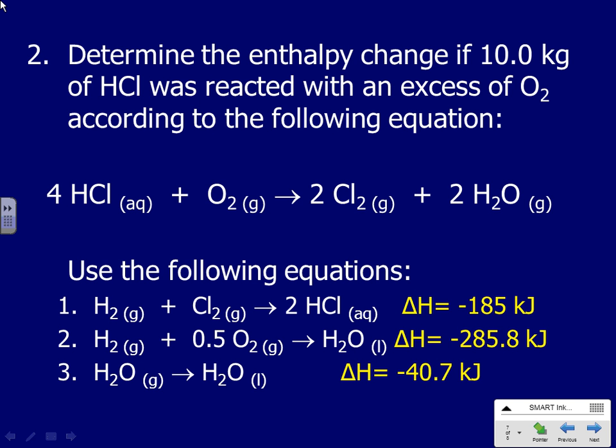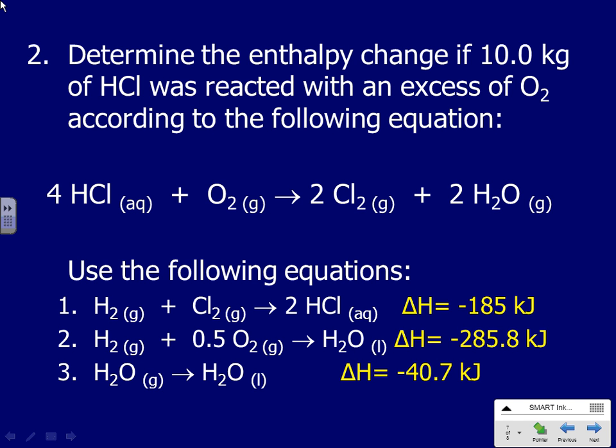So again, my tactic is pick a reactant or product in the overall reaction that only appears once in our subsequent reactions and manipulate the reaction in such a way that you put it in its proper place with the proper coefficient.